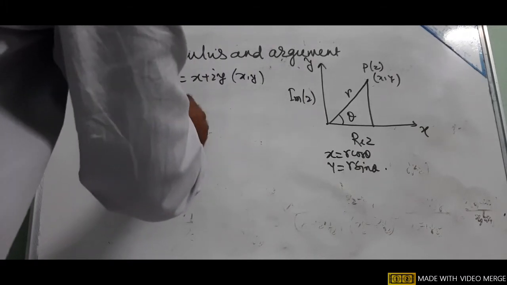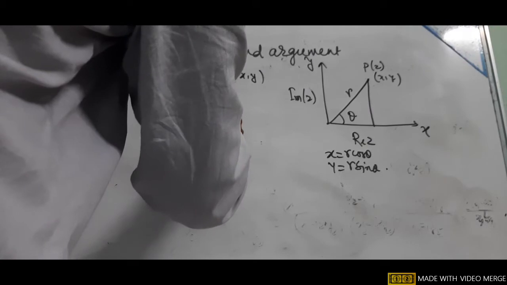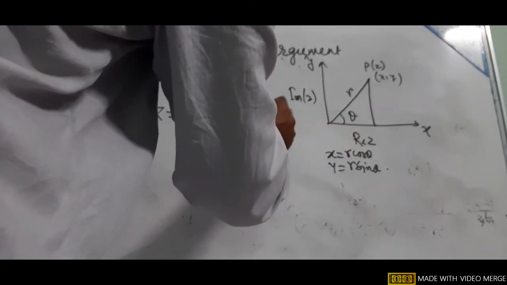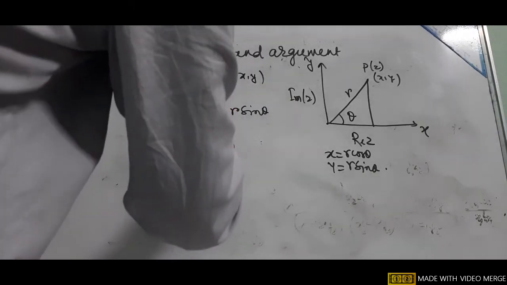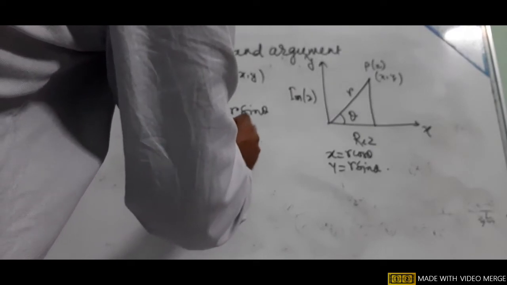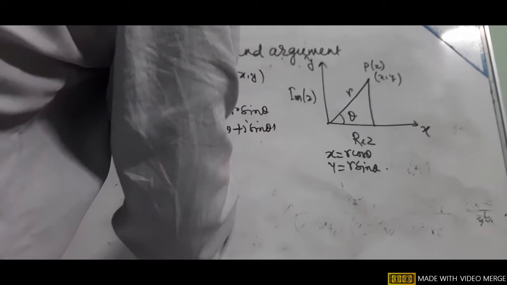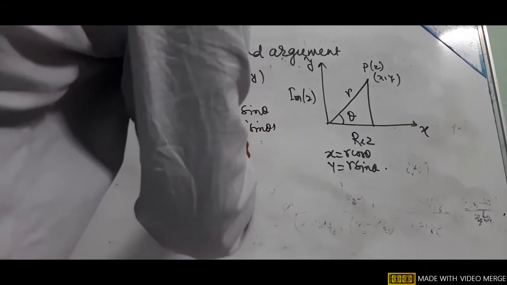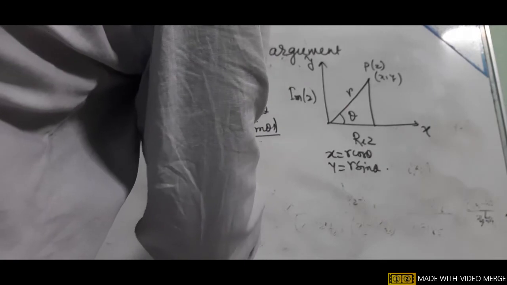If you take r as common, it is r times cos theta plus i sin theta, where cos theta plus i sin theta is known as e to the power i theta.